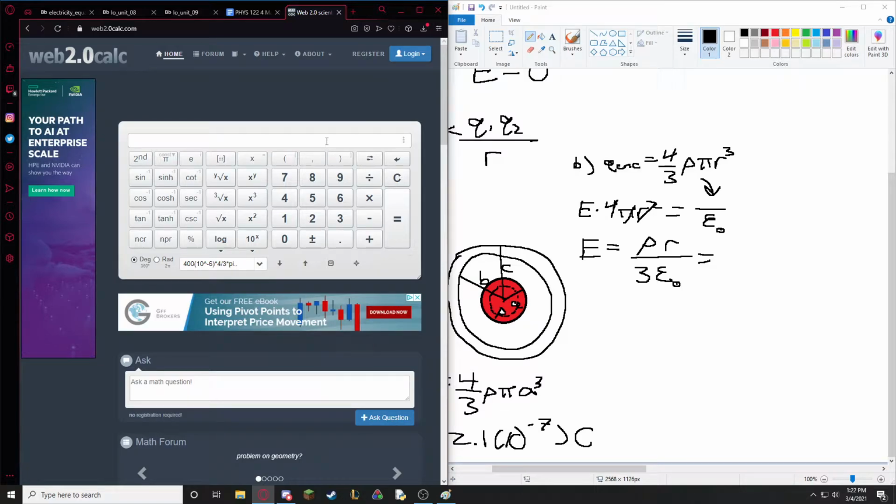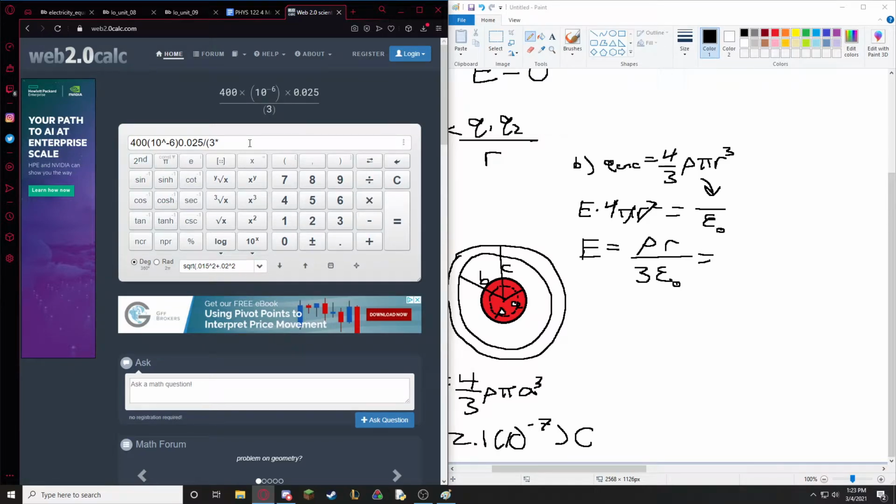We have r would be the square root of 0.015 squared plus 0.02 squared, which is about 2.5 centimeters. Actually, exactly 2.5 centimeters. We multiply that by our rho, our charge density, 400 times 10 to the minus 6, over 3 times epsilon naught.